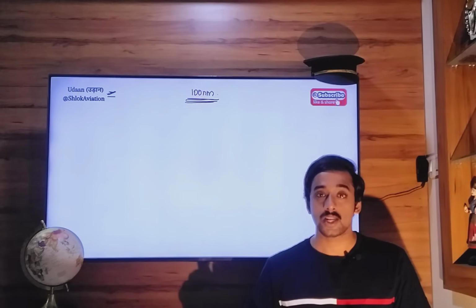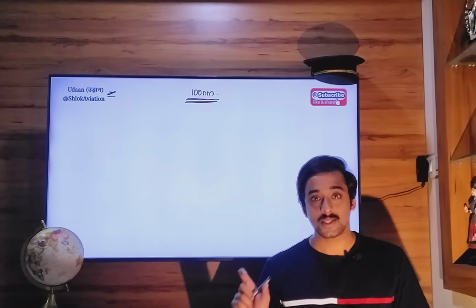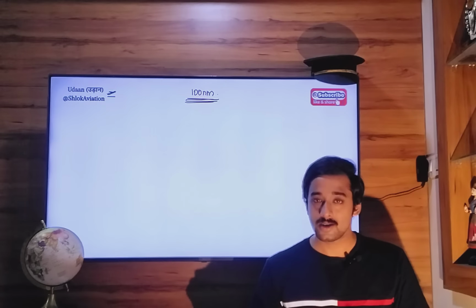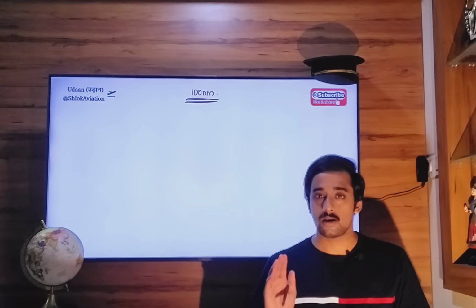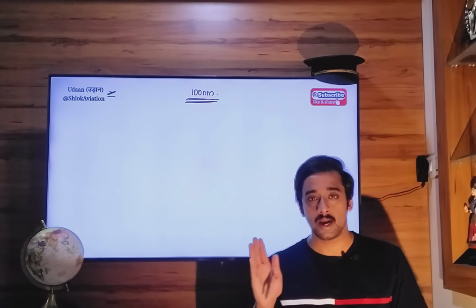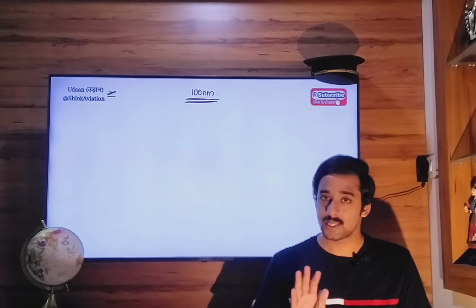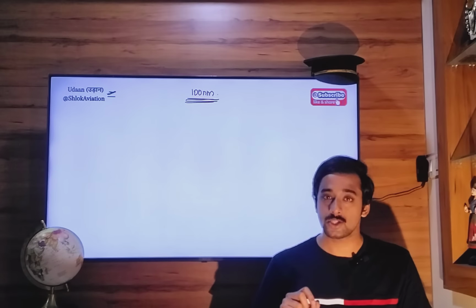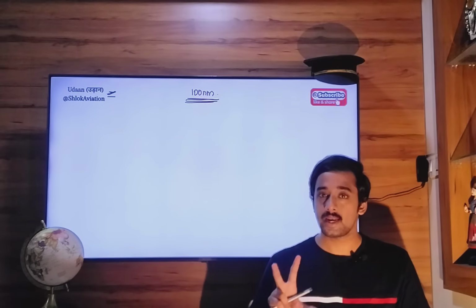Your distance measuring equipment must show this value accurately, but there is some provision made for some error. So it can show a little bit more than 100 nautical miles, a little bit less than 100 miles. That is acceptable.